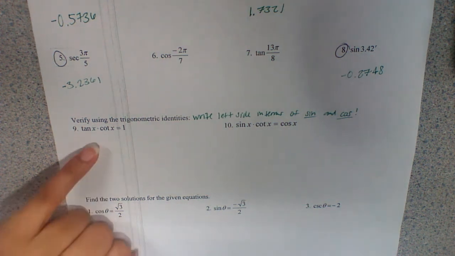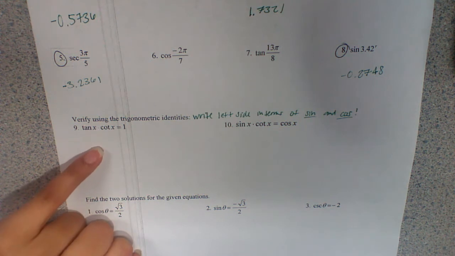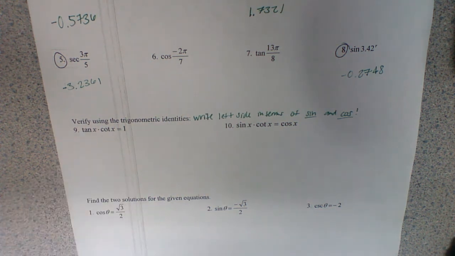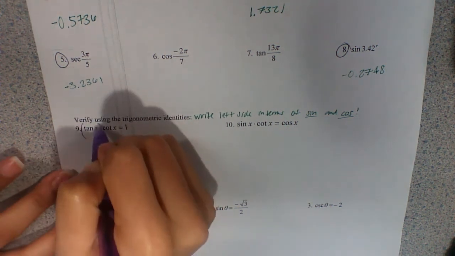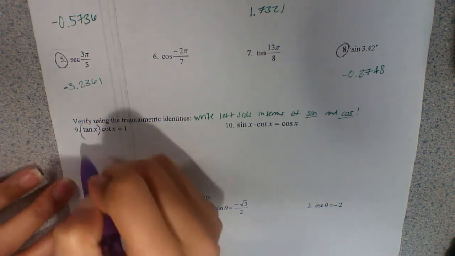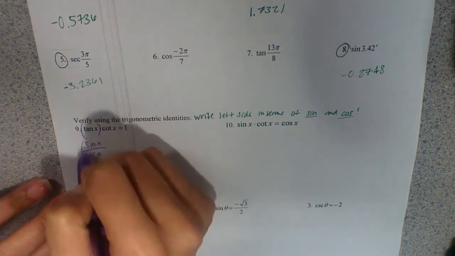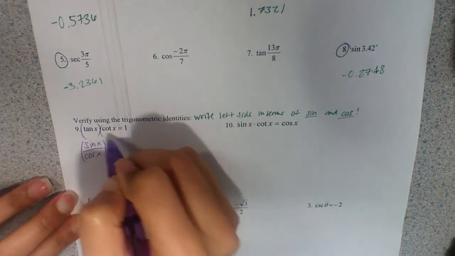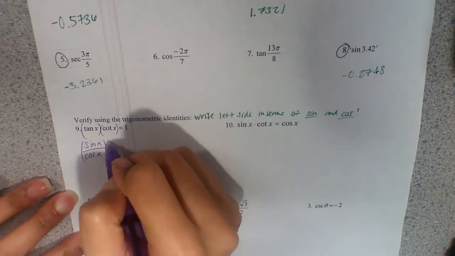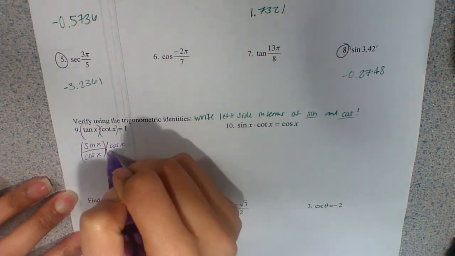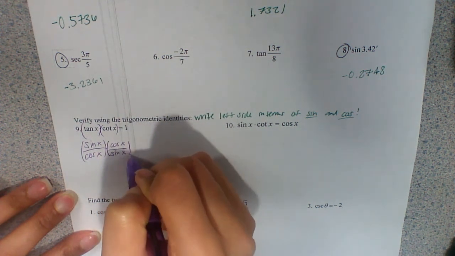So I'm going to rewrite on number 9 everything on the left side of the equal sign in terms of sine and cosine. So as we remember, tangent is sine over cos. So let me write that down. Sine of x over cos of x. And then I know cotangent is a reciprocal of that, so that should be cos of x over sine of x.